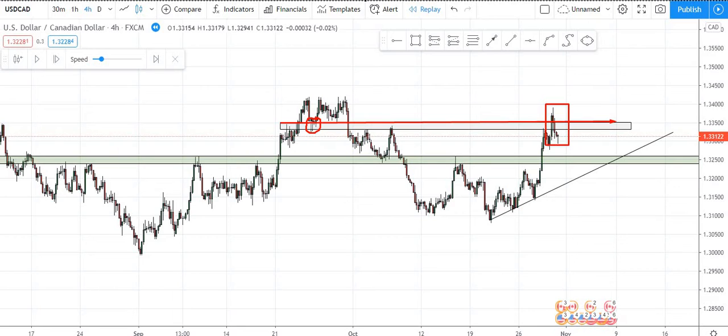If we drew a single line exactly at the close here, this is what it would look like. Then we would have missed this here, this wick here, and this small wick here as well.